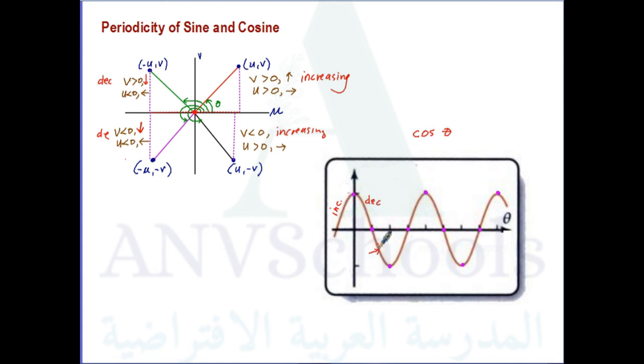So in here it is still decreasing. But in here it is going up, so it is increasing. Okay, and also here, so it is increasing here. And going here, it is decreasing. And here, finally, is increasing.